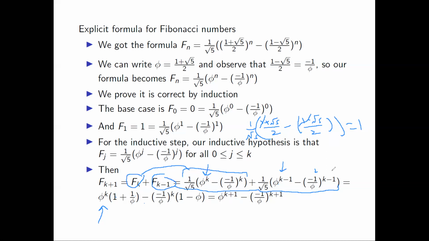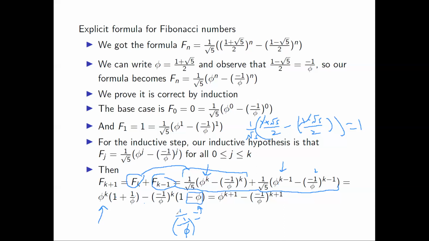And the minus 1 over phi, so minus 1 over phi to the k minus 1 divided by minus 1 over phi to the k, we get 1 over minus 1 over phi. So we can write that. And that is exactly what we see right here, is the minus phi.